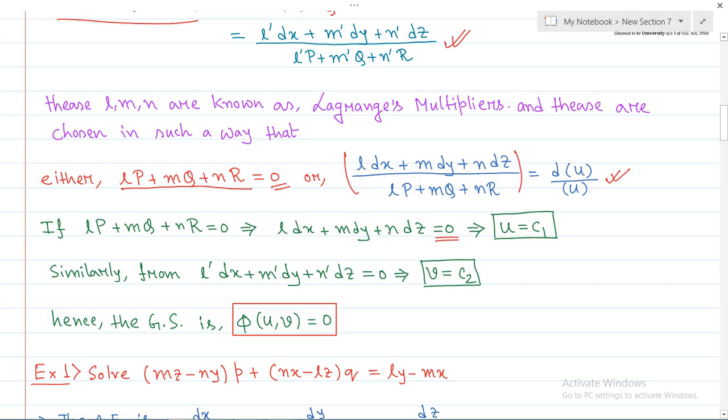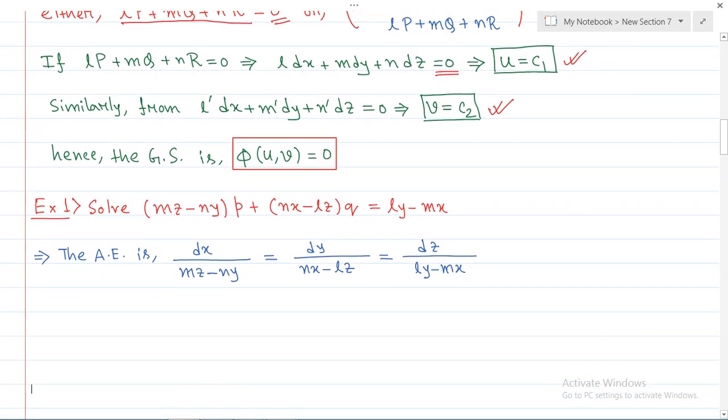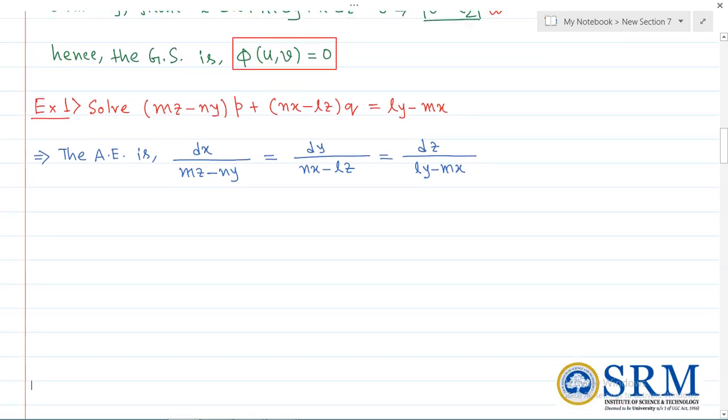Integrating this, we get one solution, that is u equal to C1. Similarly from the second chosen multipliers, l dashed dx plus m dashed dy plus n dashed dz equal to 0, we get another solution, that is v equal to C2. So what will be the general solution? That is phi of u comma v equal to 0, where phi is an unknown or arbitrary function.